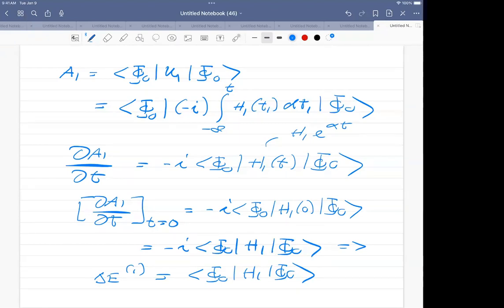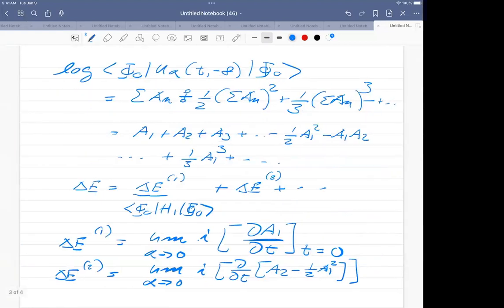And then we can go through a similar exercise and look at the time derivative of this term A2 and also the time derivative of the term A1 squared. And when you do that, you will actually see that this last term disappears, and we're only left with this term, and that is the term which will give rise to the standard second order perturbation theory term.